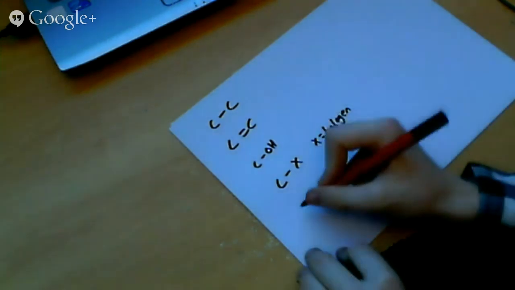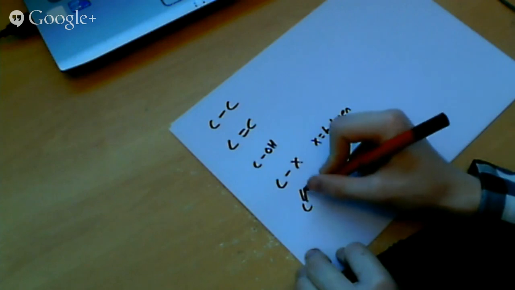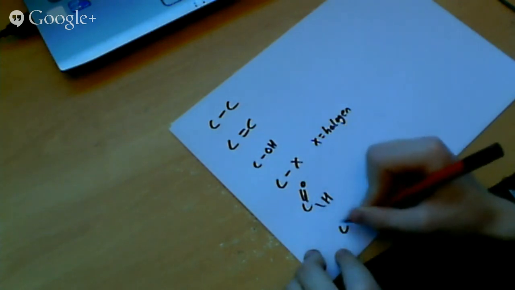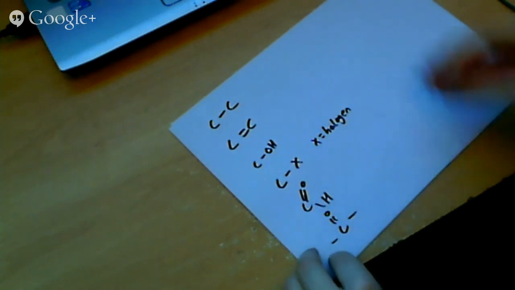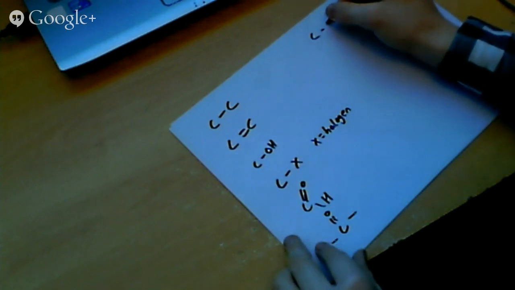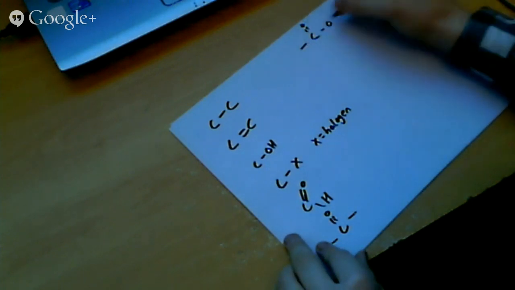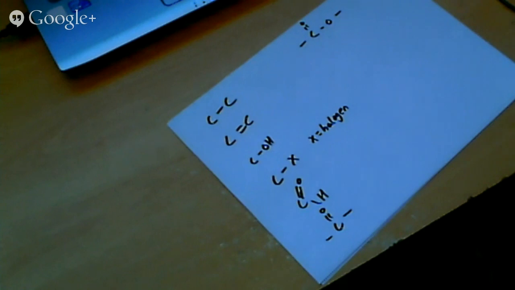You need to know about the aldehyde group, the ketone group, the ester group, and I think that's most of them. I don't think of any more I need to add.